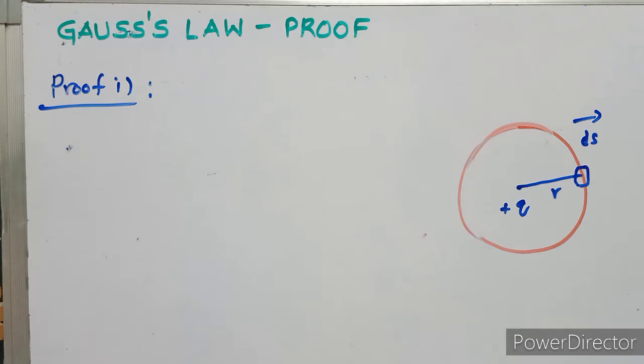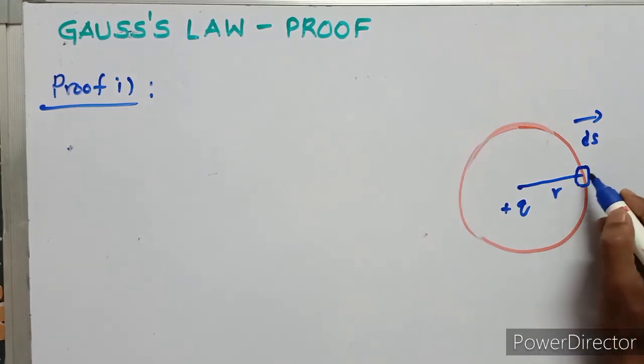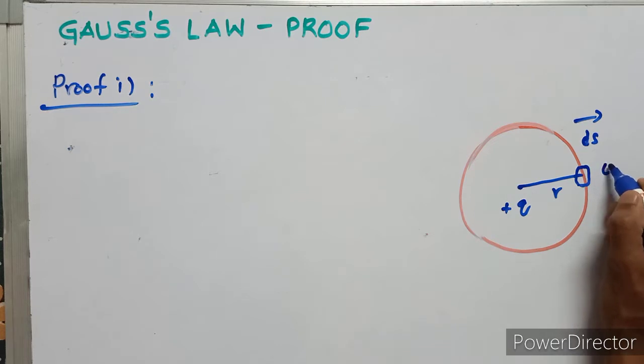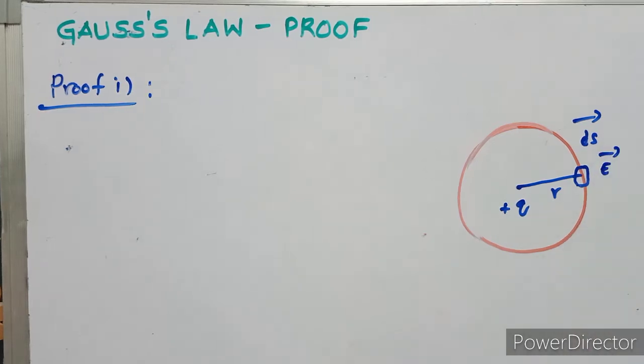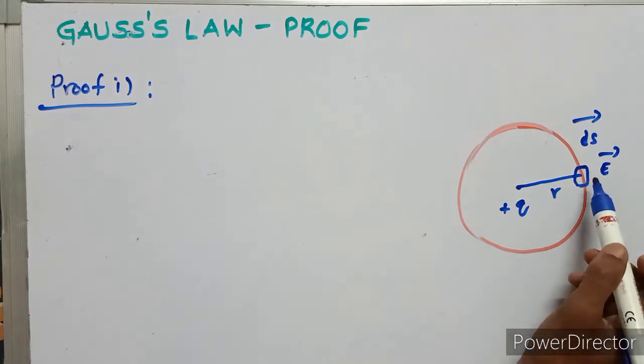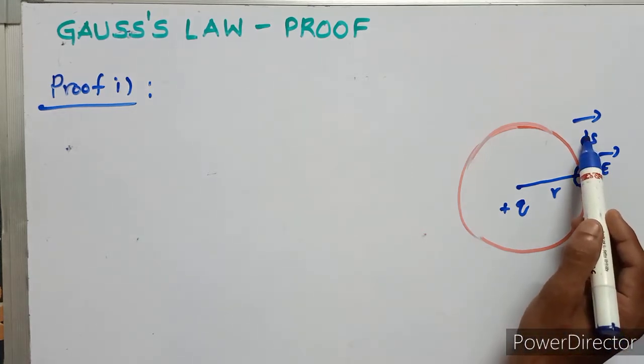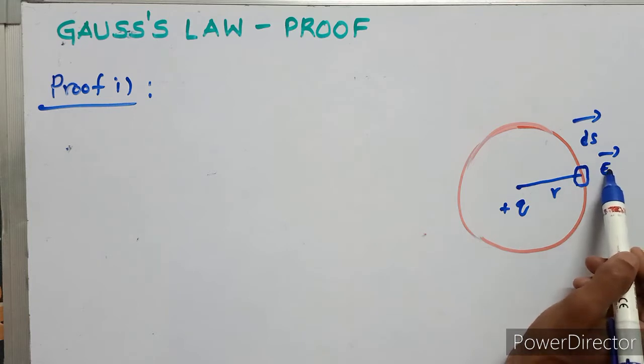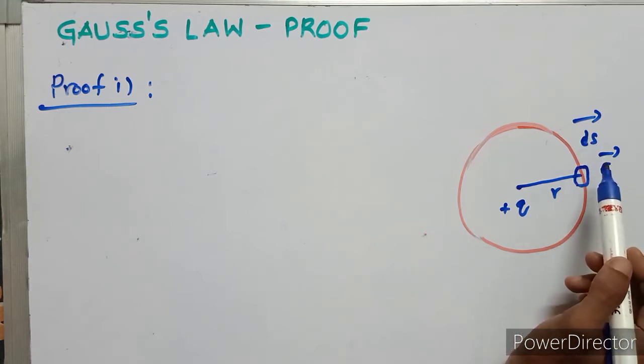The direction of the electric field is the same, so the angle between the elementary surface and the electric field is 0.